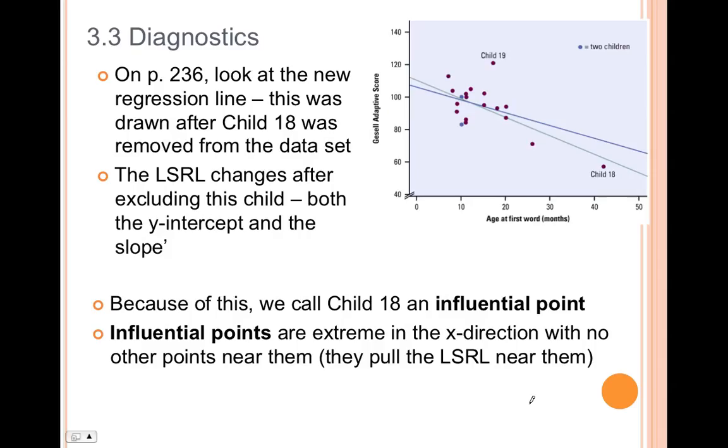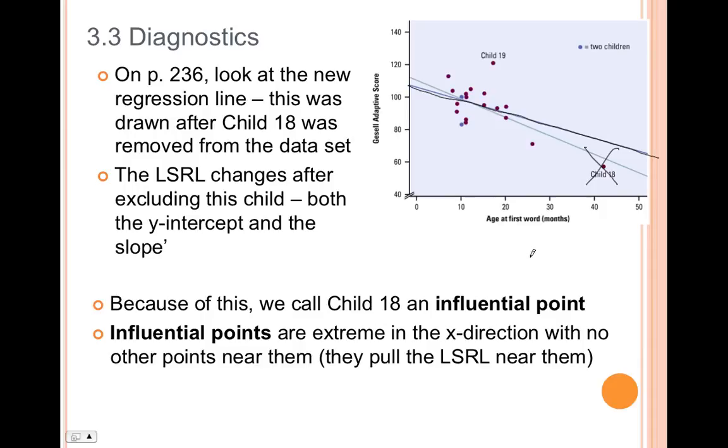We're going to come back now to our discussion of outliers. So looking again at this scatter plot, I have 2 regression lines drawn in, okay? The blue one, which you can't really tell what's blue and what's green. The blue one is this one right here. This is the line that is drawn after removing child 18, okay? So this green one, the one that I didn't highlight, was the original line. And this blue one is the one after child 18 is removed from the data set.